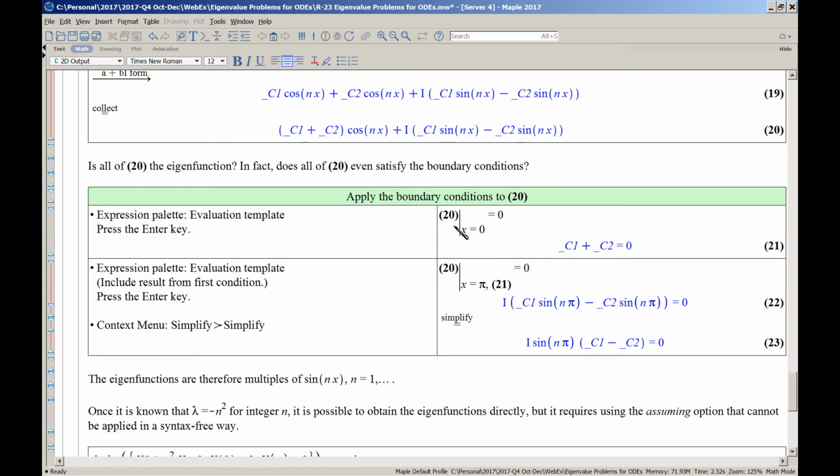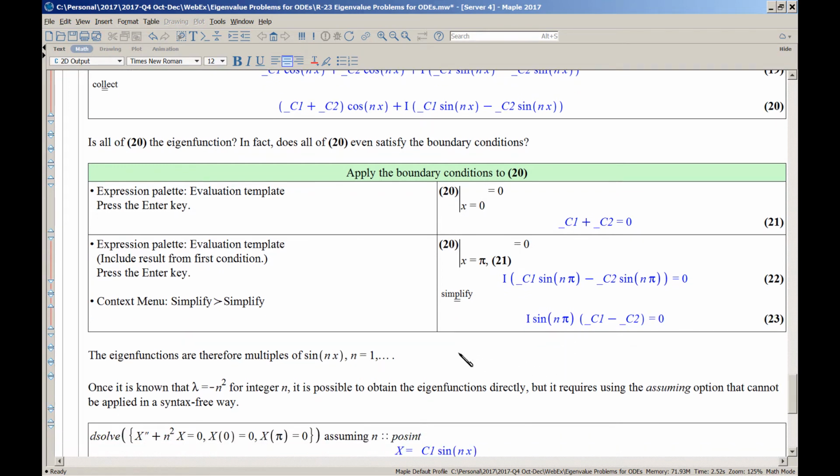And I go back and I want to apply the other condition, x equals pi, but I also want to include this data, which is 21. Set that equal to 0, and Maple comes back with this expression, which if I simplify, I have a multiple. It's a strange looking multiple, but it's a constant multiple of sine n pi.